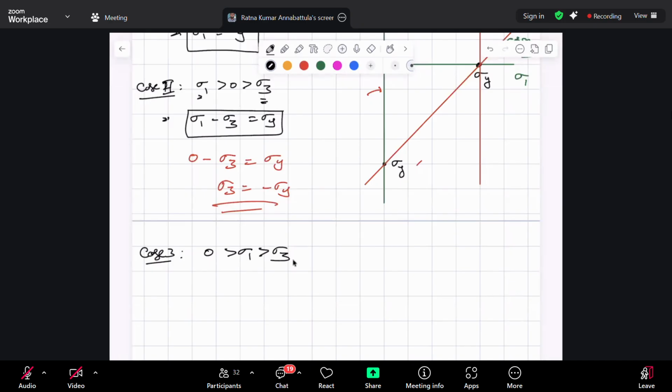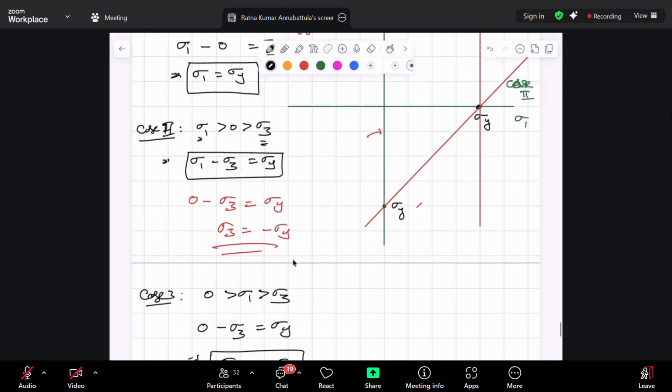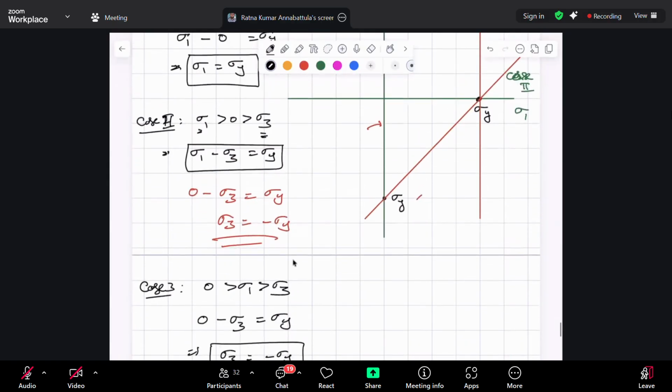Then what is the maximum principal stress? 0. Minimum principal stress will be sigma 3 is equal to sigma y. That implies sigma 3 is equal to minus sigma y. Agreed? So I will identify this as my minus sigma y. Do you agree?